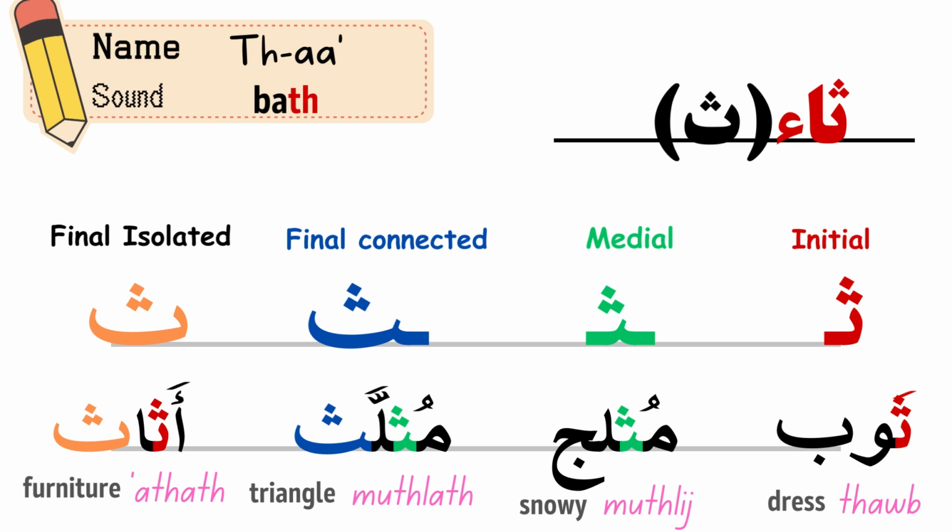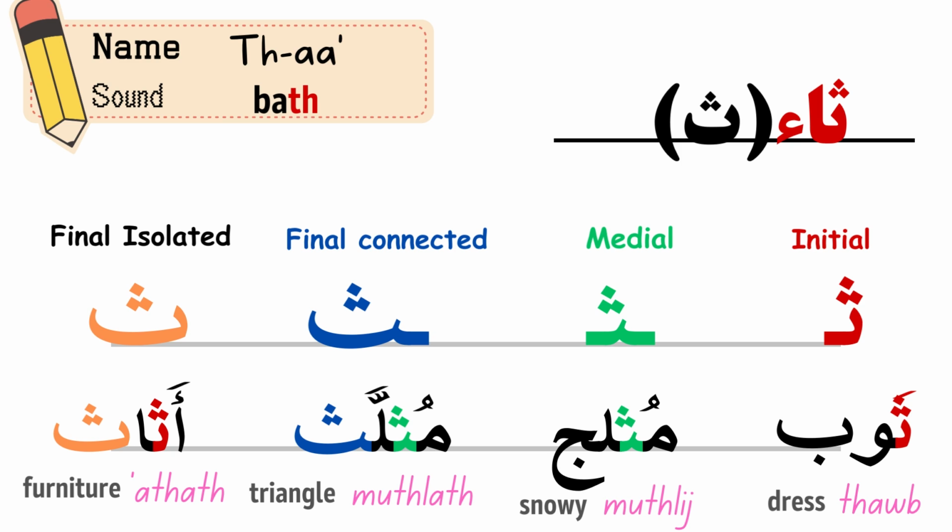The letter ثاء. Word ثوب shows the initial form of the ثاء. Word مثلج shows the medial form of the ثاء. Word مثلث shows the final form connected of the ثاء and also the medial form of the ثاء.